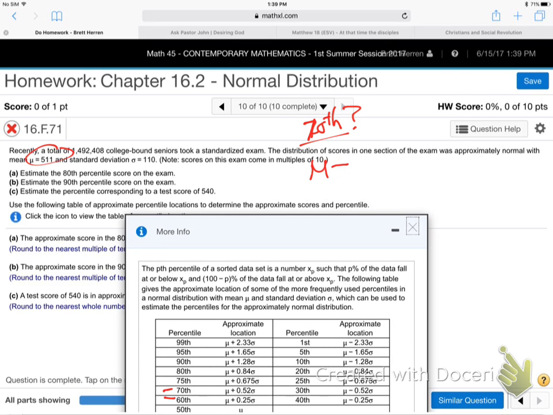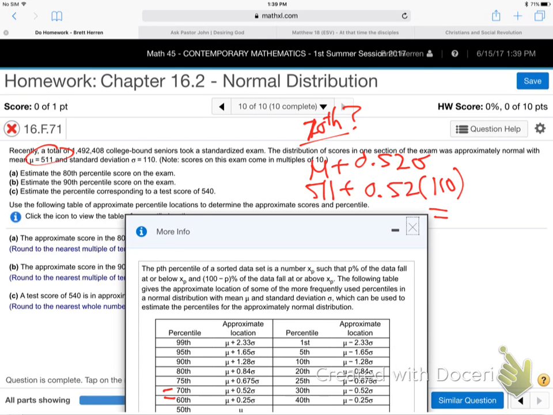And so I'll go mu plus, what is 70th? Mu plus 0.52 sigma. So what's mu? 511 plus 0.52 sigma. Sigma's 110. How's that come out?